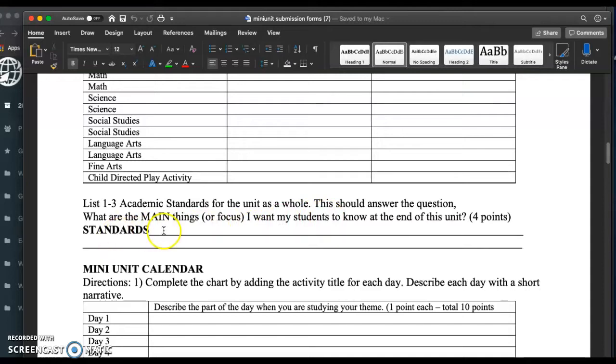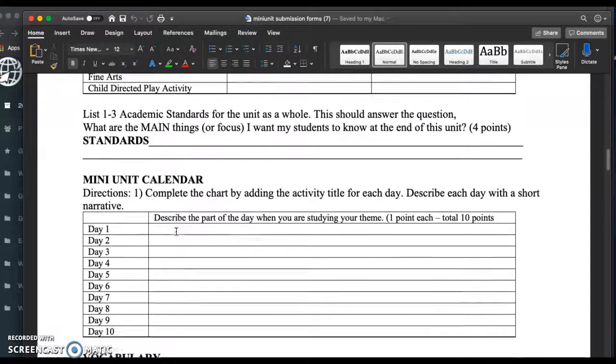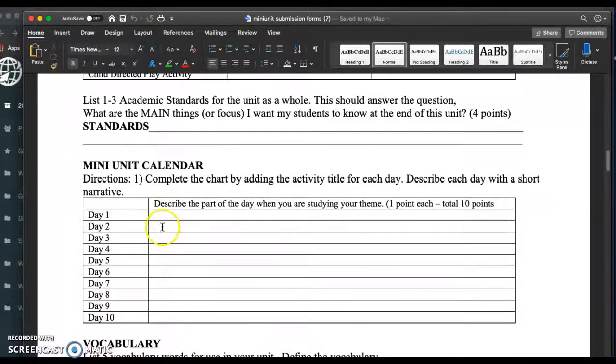And your standard should have your grade level, the standard number, and then written out what the standard says. So it should have the grade level, the standard number, and the actual wording of the standard. Here is your mini unit calendar. This is worth 10 points.